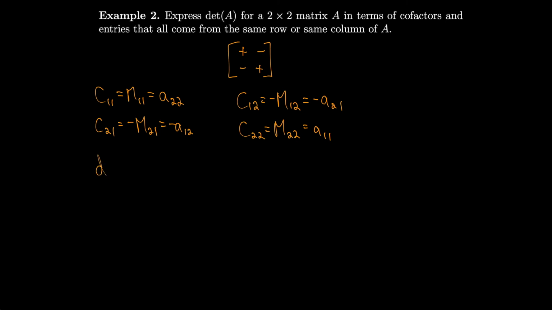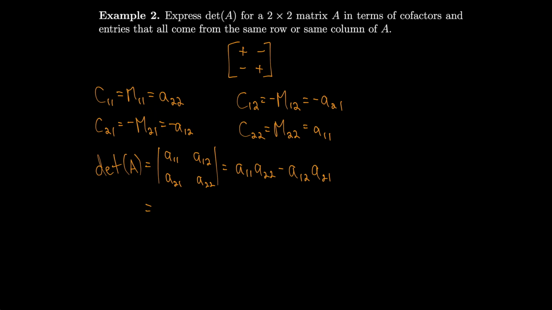So that means that I could write the determinant of A as the determinant of A11, A12, A21, A22. Remember, I'm going to cross multiply, subtract the other one. So I'll get A11, A22 minus A12, A21. And I can rewrite that now in terms of cofactors, because each cofactor is one of these guys.